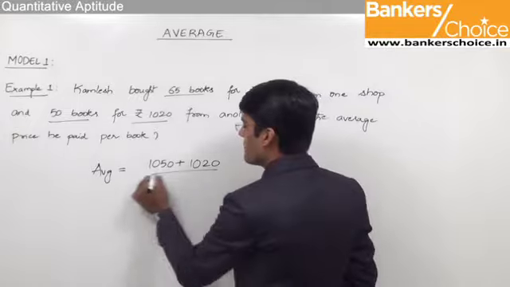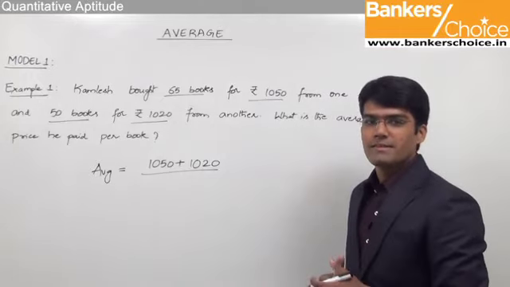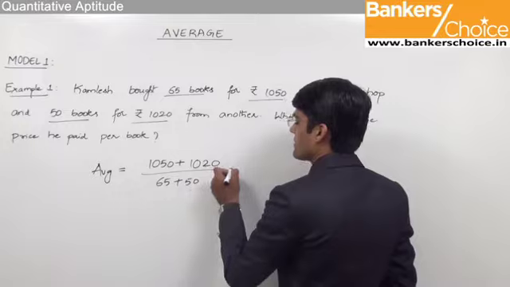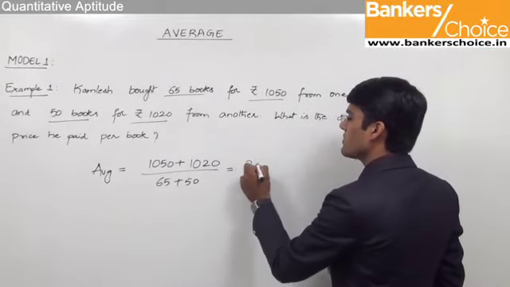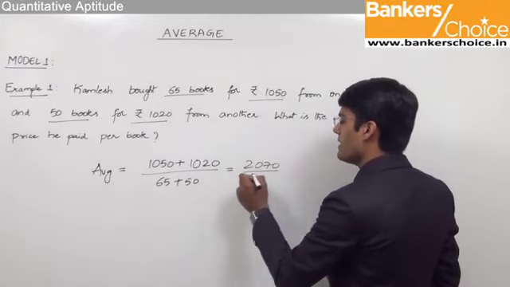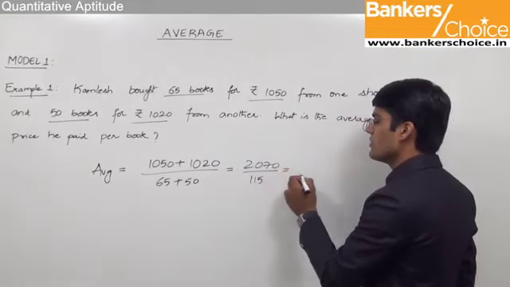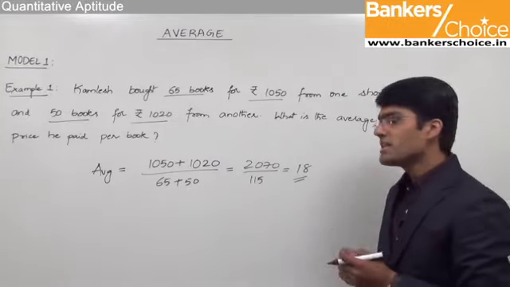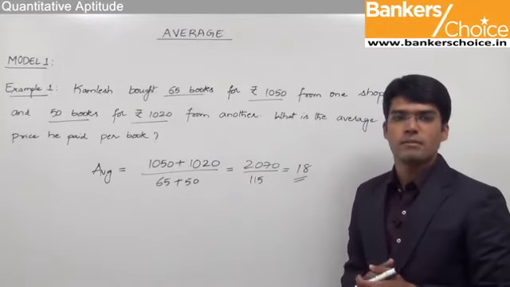But this should be divided by the total number of books that he has bought, which is equal to 65 plus 50. So by solving this, we get 2070 divided by 115, which is equal to rupees 18. So we can say that on an average, Kamlesh has paid 18 rupees per book.